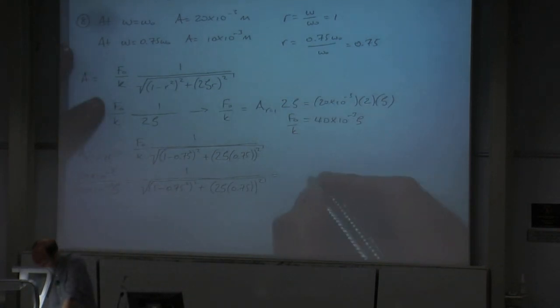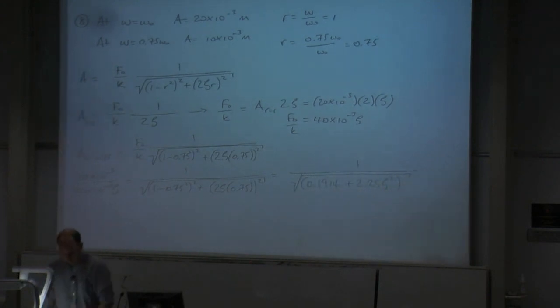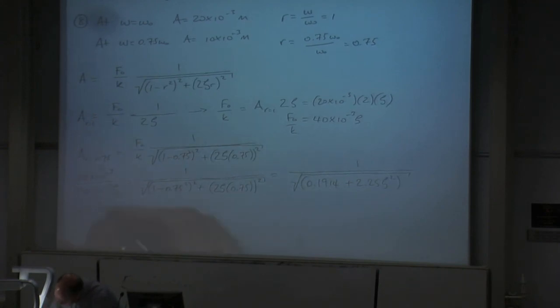So let's do some sums. If we reciprocate the whole lot and square it all, this is going to be 4 zeta squared equals 0.1914 plus 2.25 zeta squared.